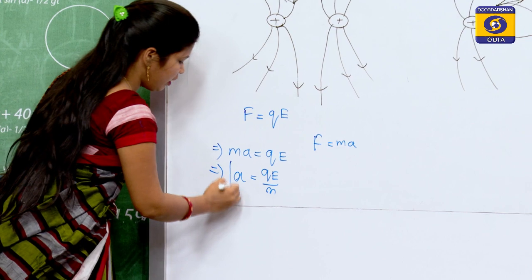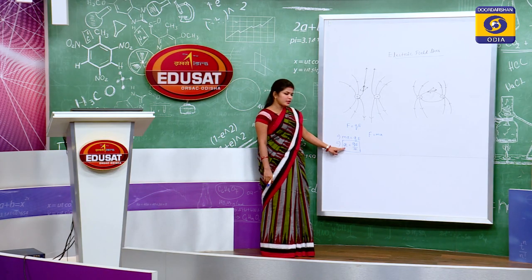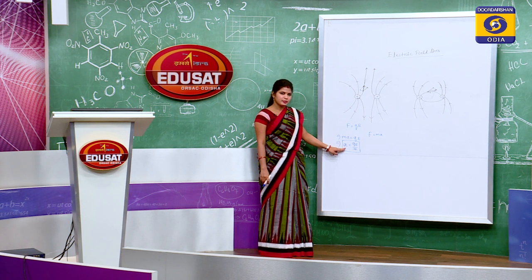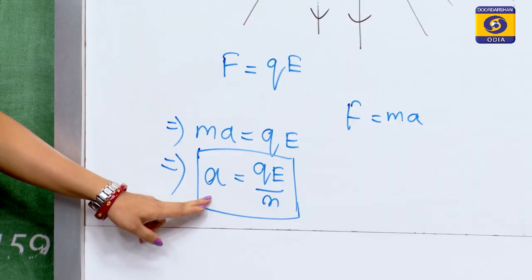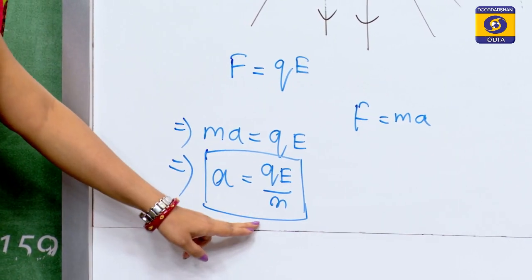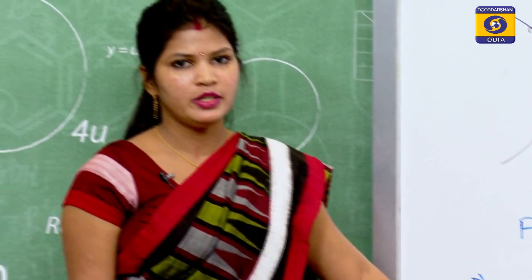So this is the expression of acceleration of a charged particle. We know that force is equal to q E, and acceleration is force upon m, so a is equal to q E upon m.